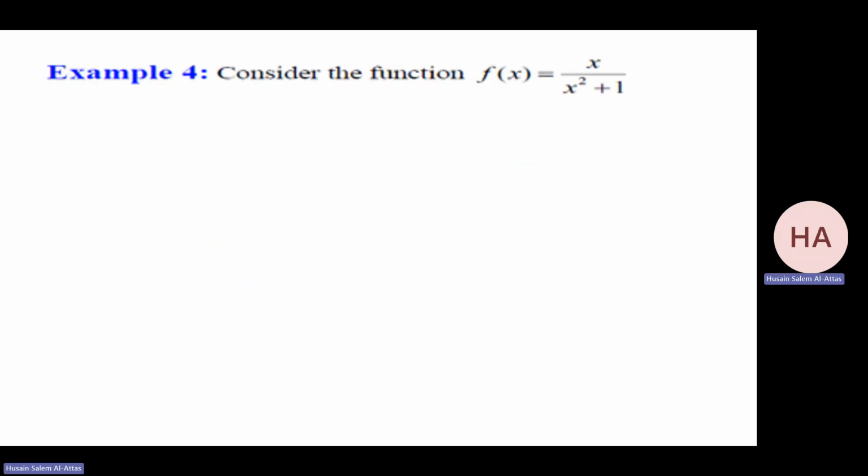Consider this function. We want to graph this function. A different function, different examples. Yeah, I'm going to graph it quickly, given the domain, real numbers. Intercepts: 0, 0, both x-intercept and y-intercept.